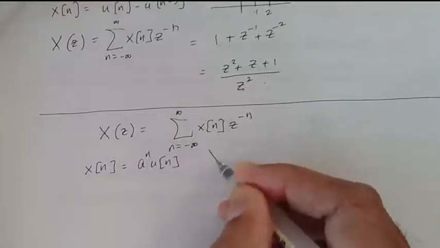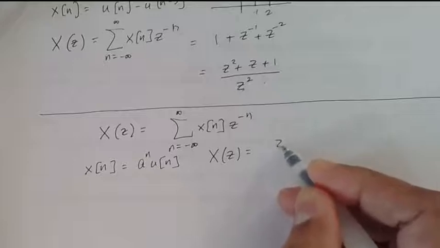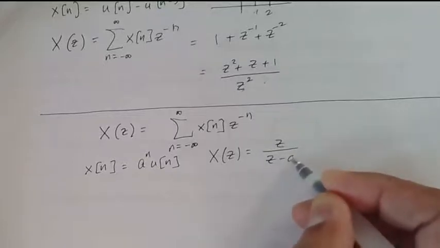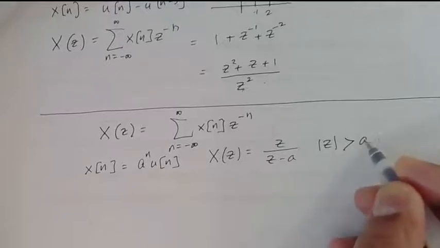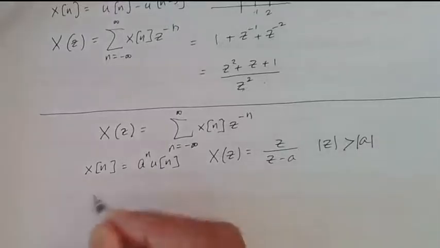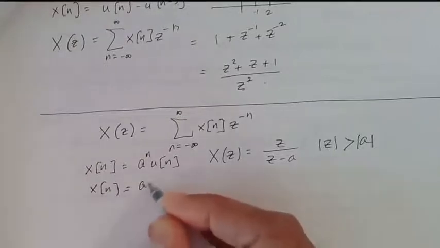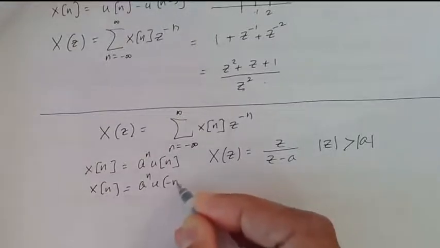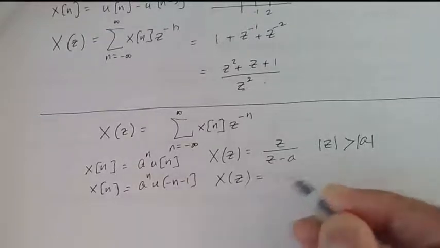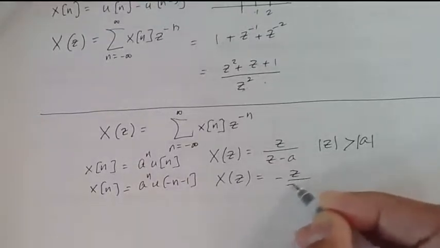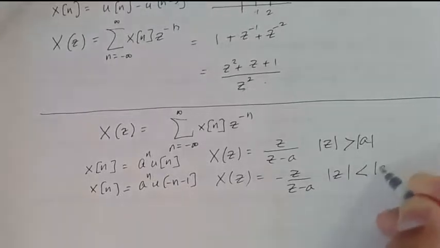For this, x of z is equal to z over z minus a, magnitude of z greater than magnitude of a. If I took x of n to be a to the n u of minus n minus 1, x of z was equal to minus z over z minus a, magnitude of z less than magnitude of a.